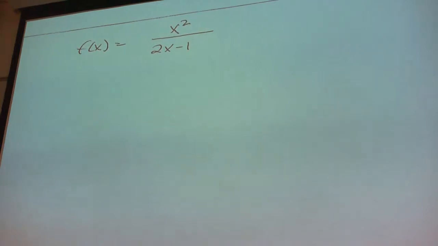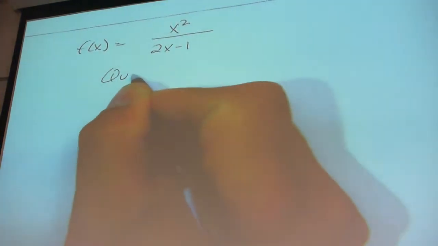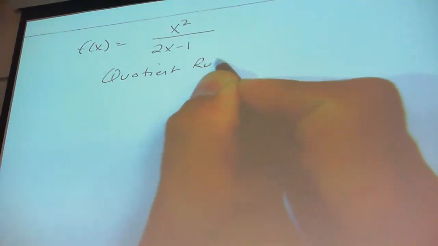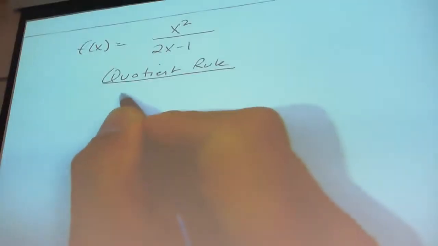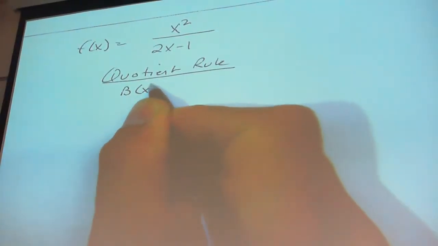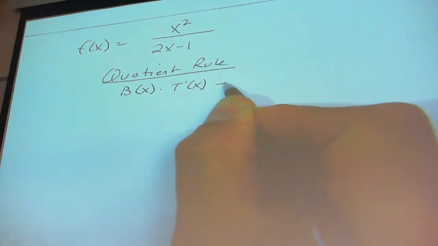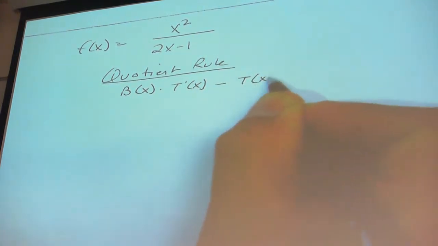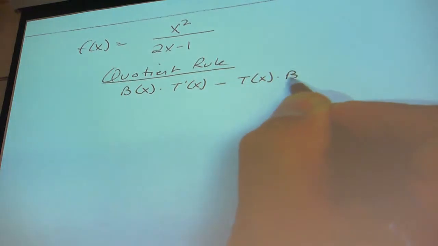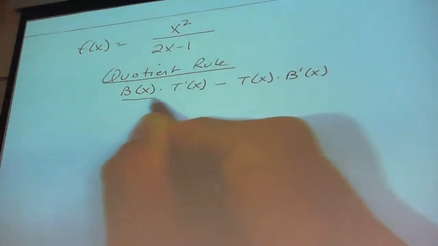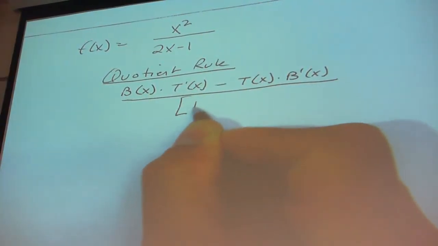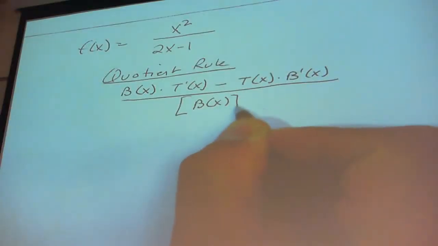We follow quotient. So when we have two things being divided, we use quotient rule. Quotient rule says the original bottom times the derivative of the top minus the original top times the derivative of the bottom all over the original bottom squared.